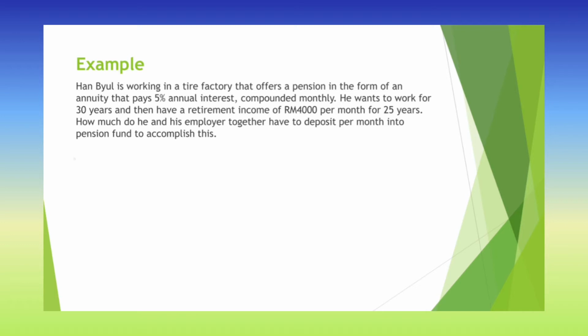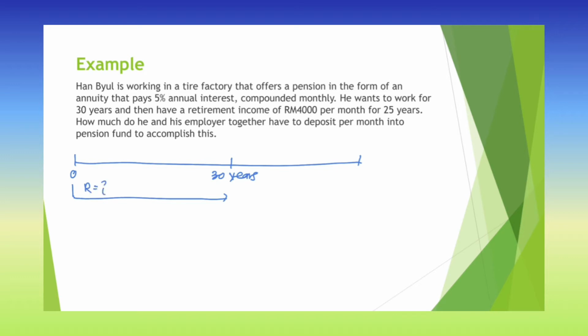Okay, so let's draw a timeline. For the first 30 years, Hanbul and his employer have to save R. So we have to find R here.